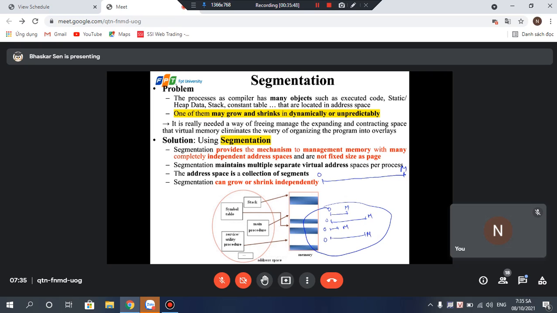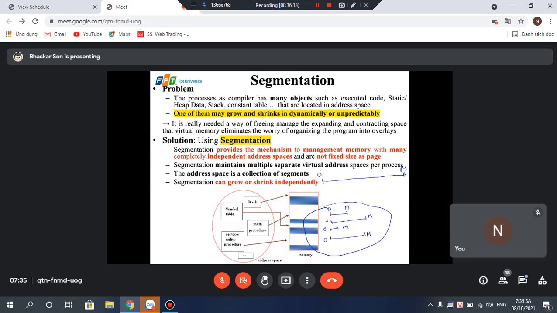So think about the first problem that we talked about, because of one single linear address space, that some of the larger programs couldn't get any address space. In this case, that won't be a problem. That is one of the key benefits.